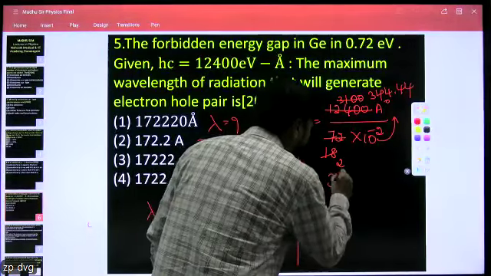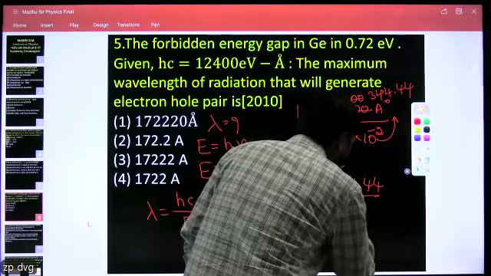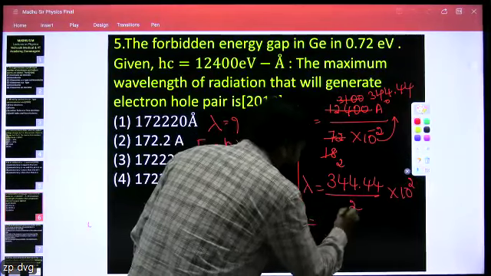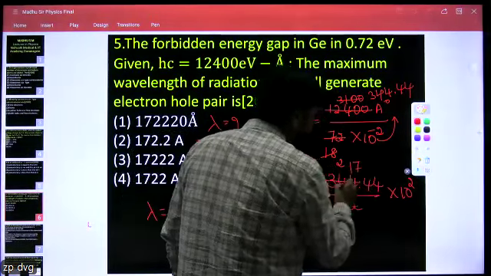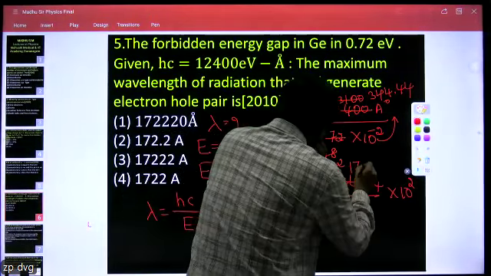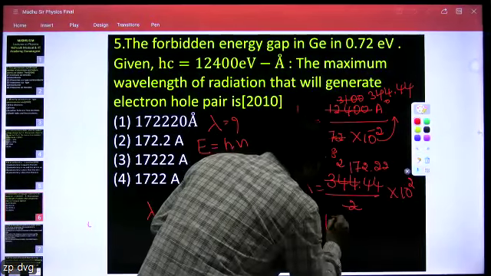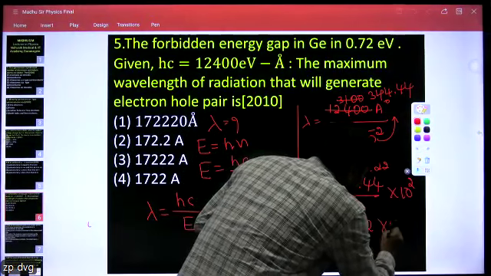Therefore lambda is equal to 344.44 whole divided by 2 into 10 power plus 2. Dividing, 2 ones are 2, 2 sevens are 14, so we get 172.22 into 10 power plus 2.